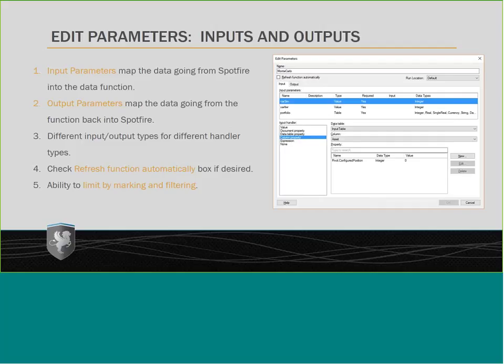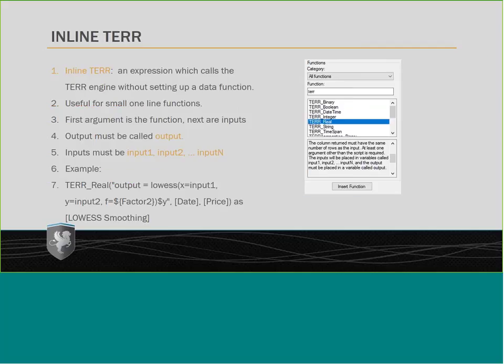I can just run these exploratory models at the push of a button, and it makes my job so much easier because you can get it with that speed. So I think that marking and filtering is a key function. So that's data functions. Now we're going to look at Inline TERR.